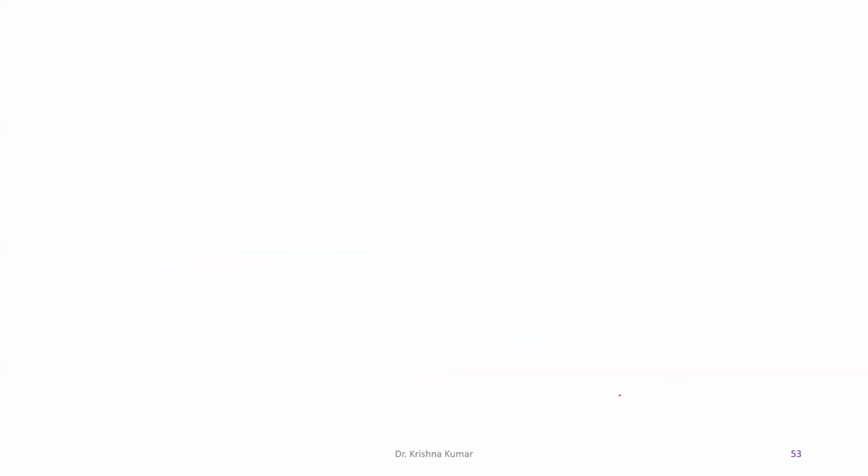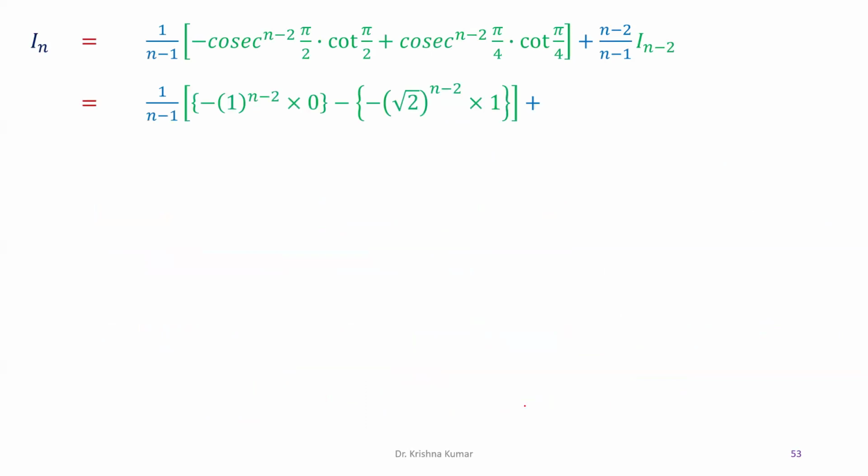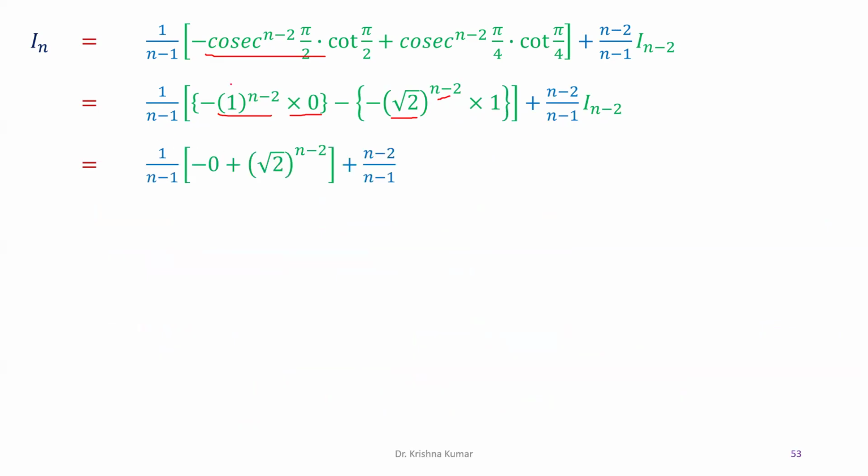So let us simplify it. This is cosec pi by 2, which is 1 to the power n minus 2, into 0, minus of minus root 2 to the power n minus 2 into 1, plus n minus 2 upon n minus 1 I n minus 2. If we simplify it, the first part will become 0. This minus and minus will become plus, and we get root 2 to the power n minus 2, plus n minus 2 upon n minus 1 into I n minus 2.